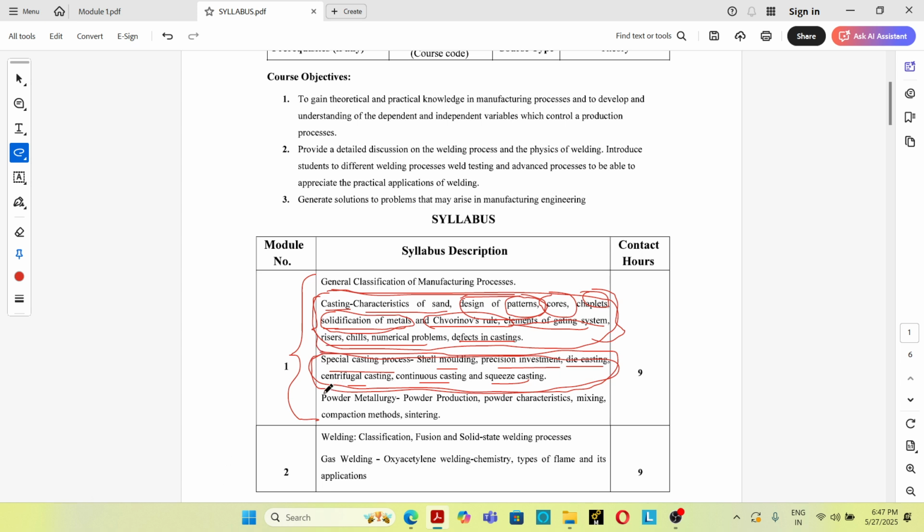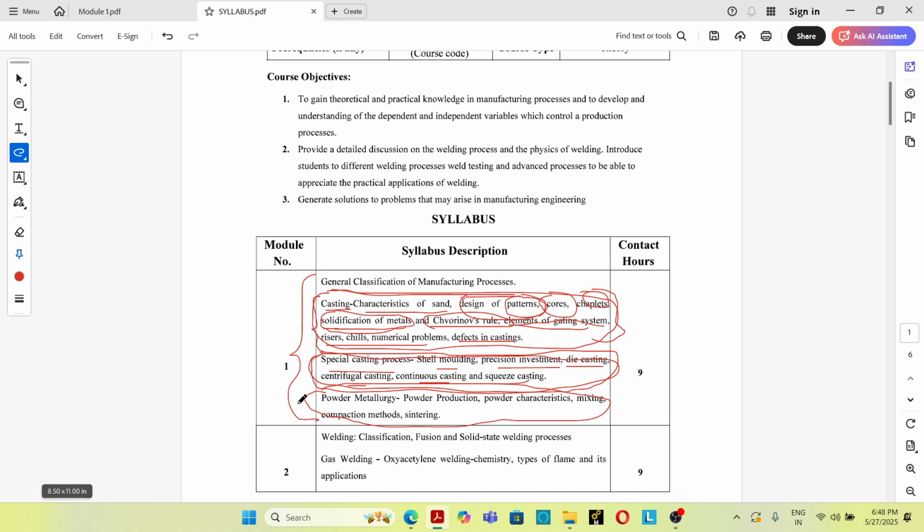Last topic is powder metallurgy. That's also a manufacturing technique. In powder metallurgy, you have to study how powder is produced. Metal powders are commonly used. How we can produce the powder by using several methods. And what is the characteristic of powder, how it will be mixed, what are the mixing techniques, compaction method and sintering.